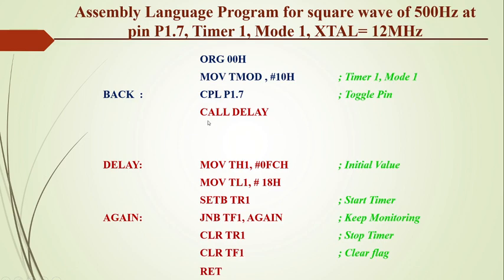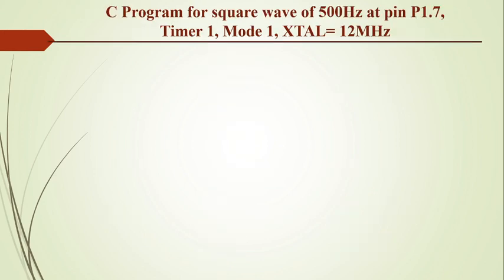So it goes to the next instruction after the called delay instruction, that is SJMP back. Here SJMP back goes to the label back, where it again complements P1.7. Again the delay function will be called, and after the delay it again goes to this label and complements. That means it will toggle the P1.7 pin continuously with the delay. So it will generate a square wave of 500 Hz at P1.7.